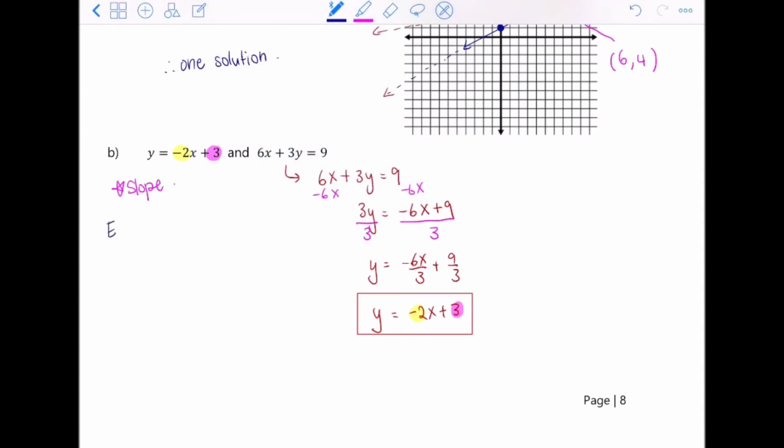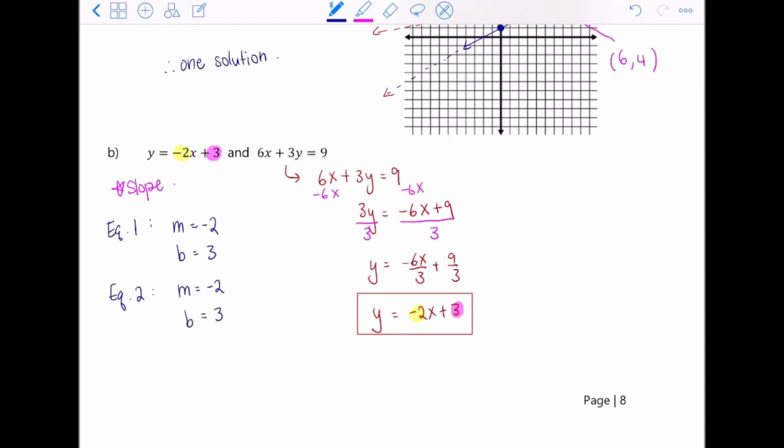So for equation 1, m is -2 and b, the y-intercept, is 3. For equation 2, m is also -2 and b is +3.